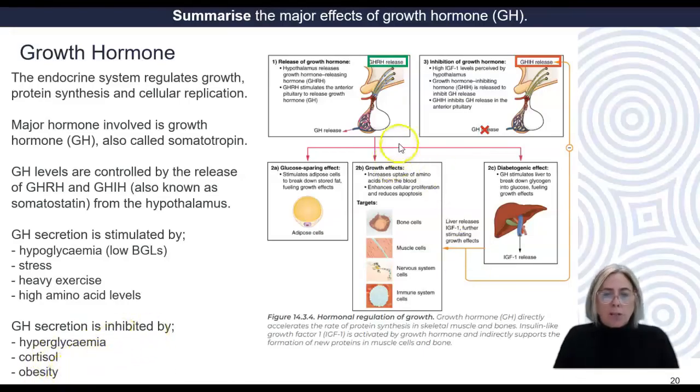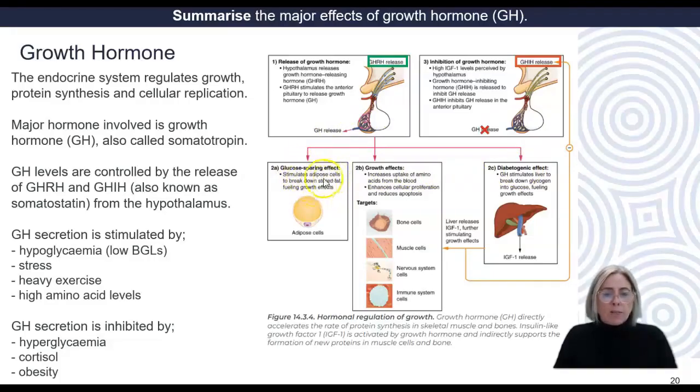So let's have a look at it in this diagram here. When growth hormone releasing hormone stimulates the anterior pituitary cells, growth hormone will be released. And it has a few different effects. It has a glucose sparing effect. What does that mean?